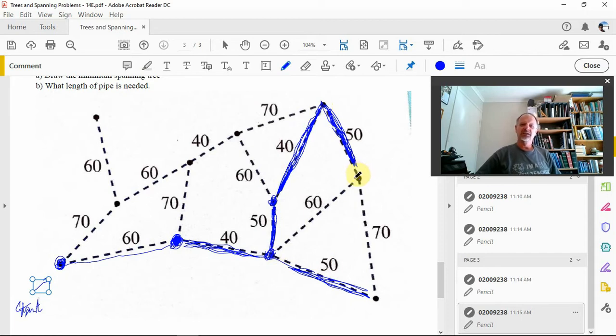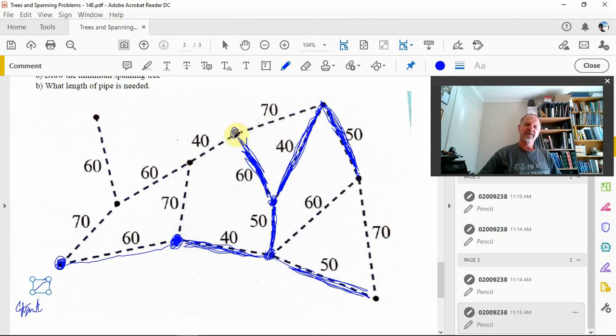If I went there, that's 90. There is 110. So it's shorter to get to there. Now, we don't need to go there, we've already been there. We do need to get to this one. It's 70 across there, but it's only 60 this way, so it's shorter for us to go that way than it is to go around.